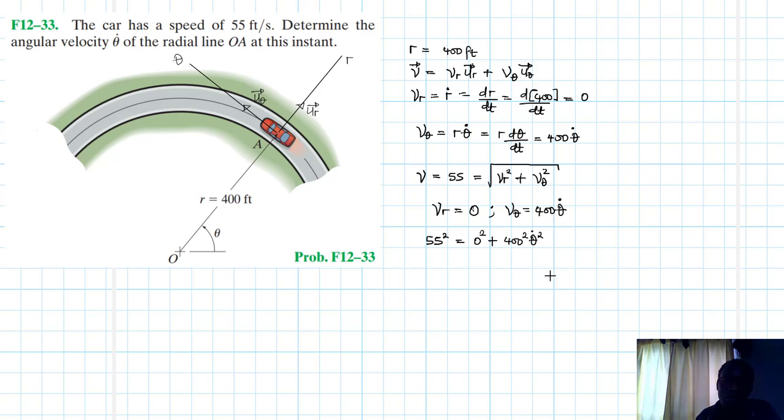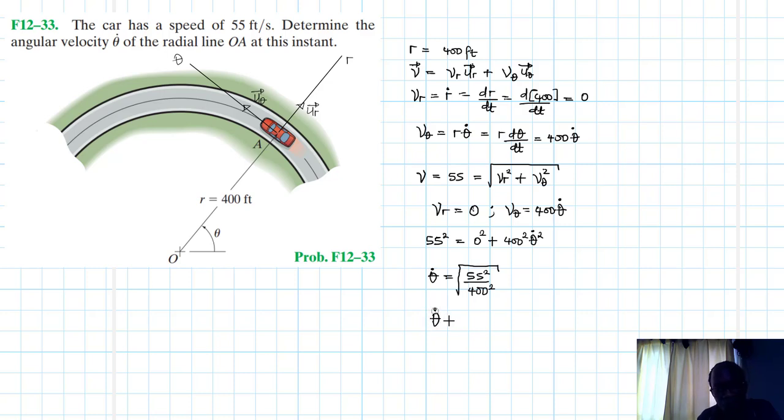And then making theta dot, which is the angular velocity, the subject, this becomes equal to 55 squared divided by 400 squared, and then everything under the square root.